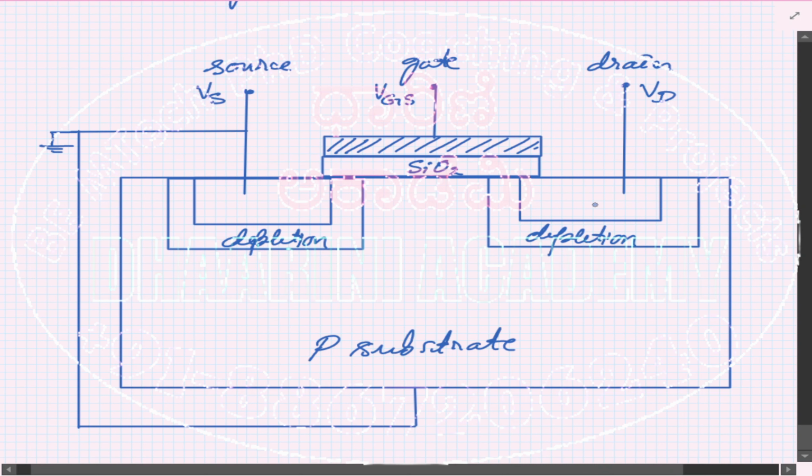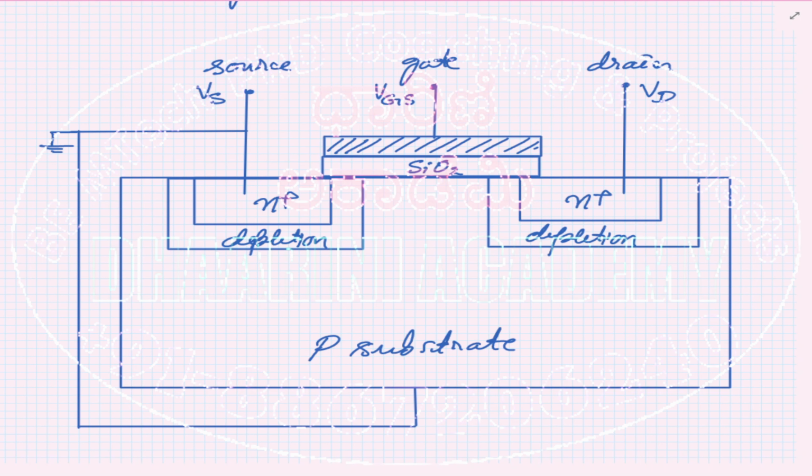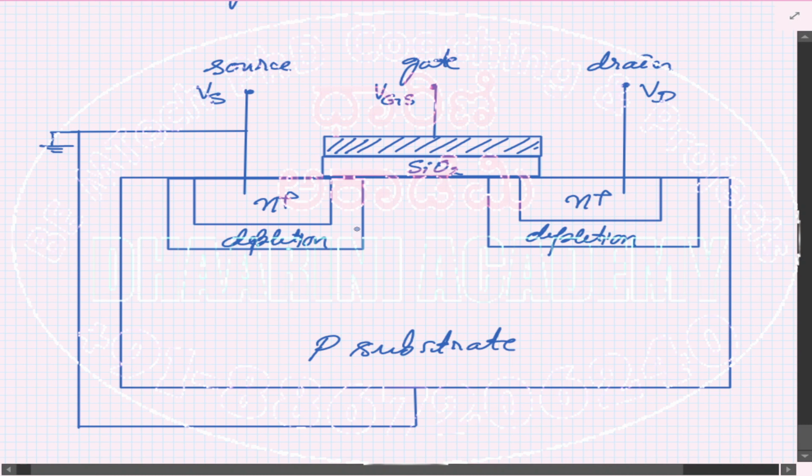So P substrate, this is N plus and this is N plus. Depletion in the sense it is a junction between N and P. Any N and P junction is a depletion. But you see, I have a width shown here. This width depends upon whether it is forward biased or reverse biased.